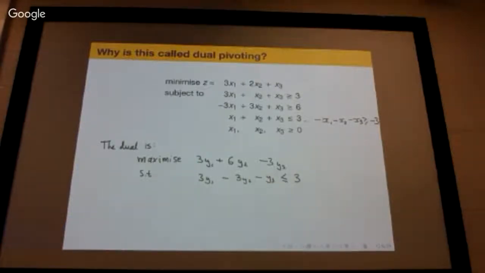And the next constraint is then y1 + 3y2 - y3 less than or equal to 2, and y1 + y2 - y3 less than or equal to 1, and all the y's we want to be non-negative.